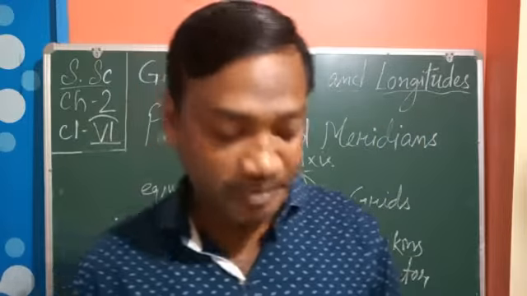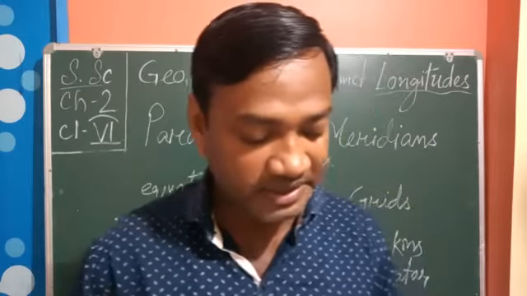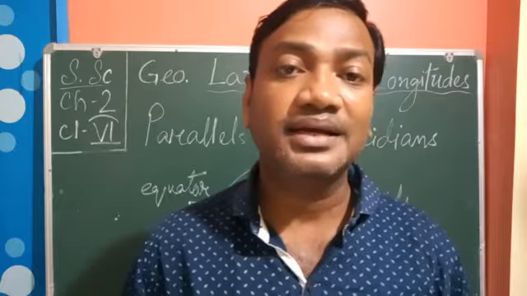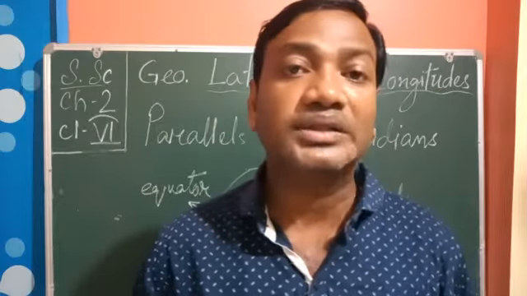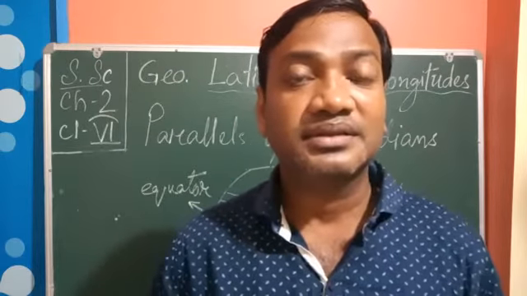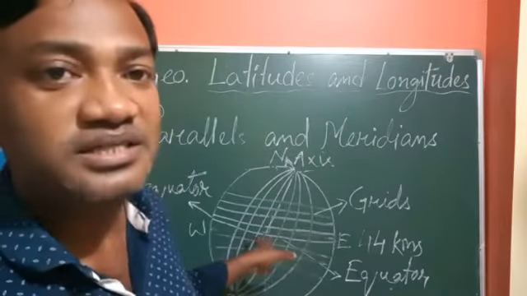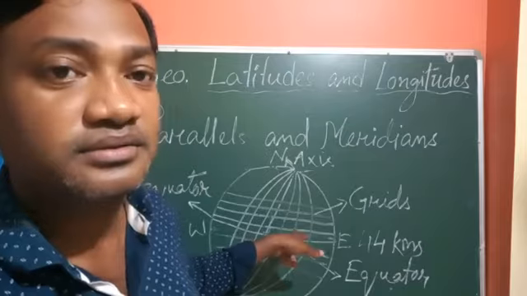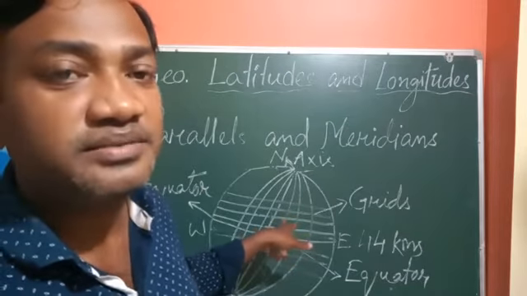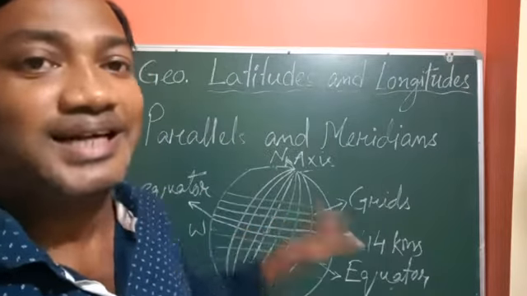The distance of a place north or south of the equator is measured as an angle. All the lines are measured at an angle, because when they cross or intersect, they create an angle.